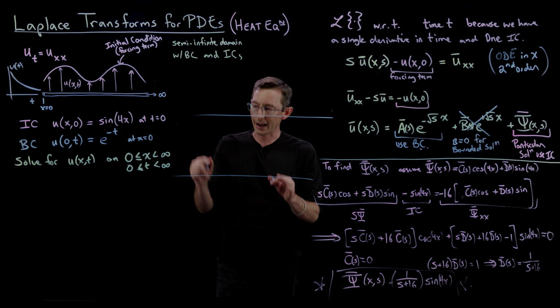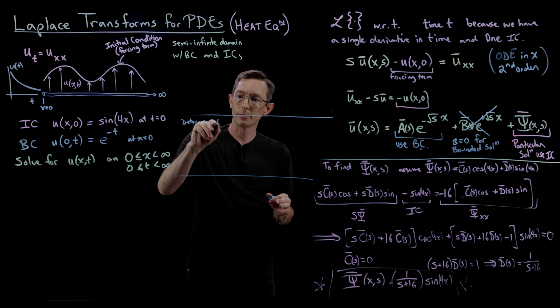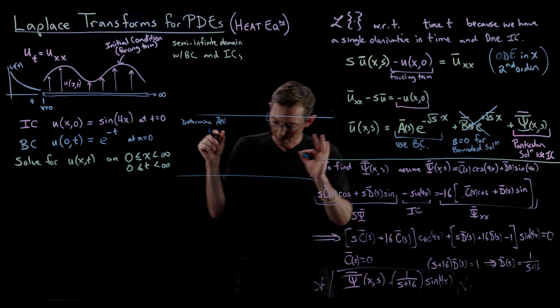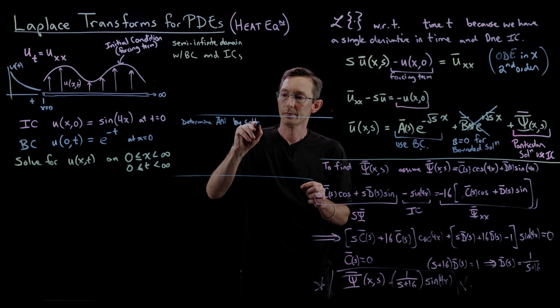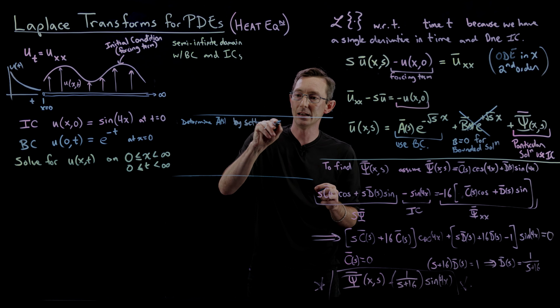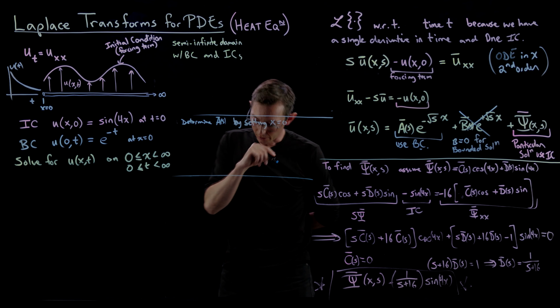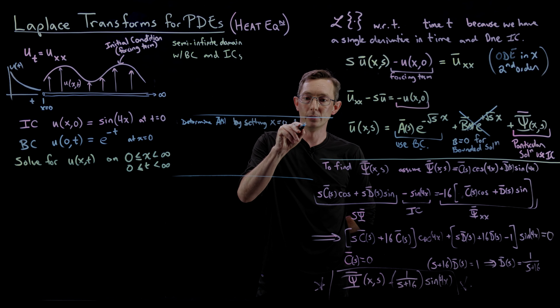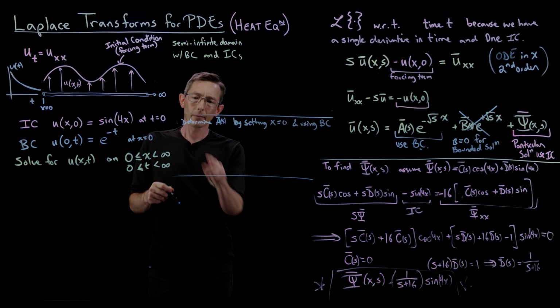So I think now we determine a bar of s essentially by setting x equal to 0 and using our boundary condition. Okay, good.